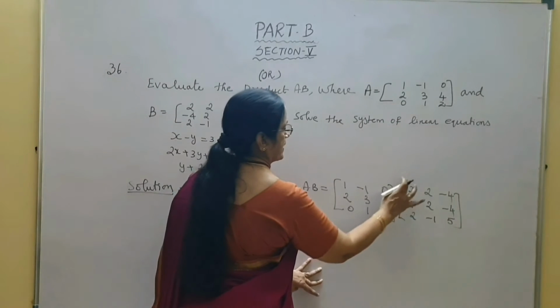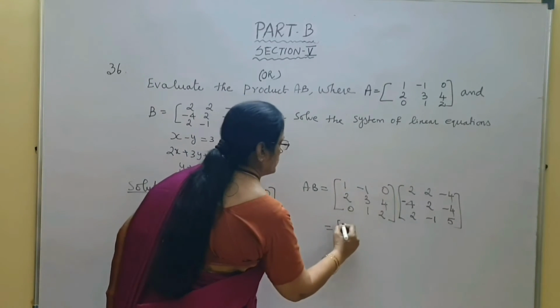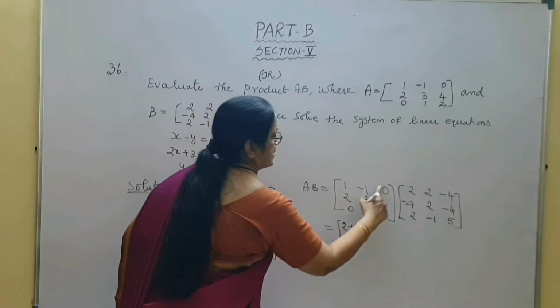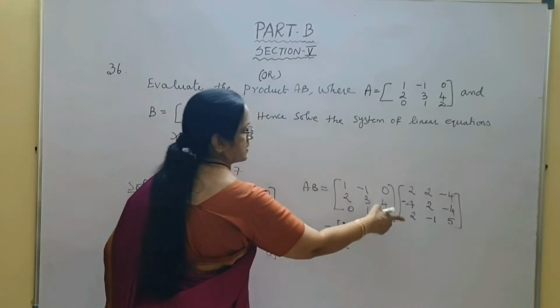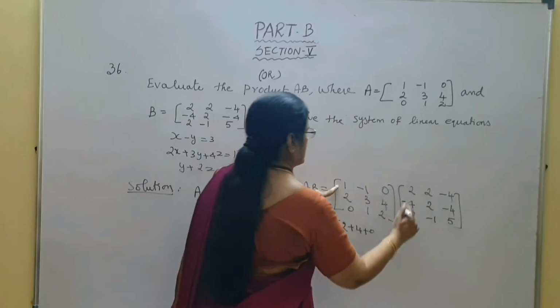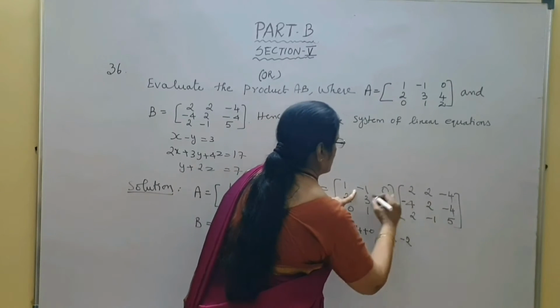Consider the first row on the first column. You will be having 2. Minus 1 into minus 4 is plus 4. The next entry is going to be 0 here. 0 into 2 is 0. Then first row and second column, 2 minus 2, again 0.